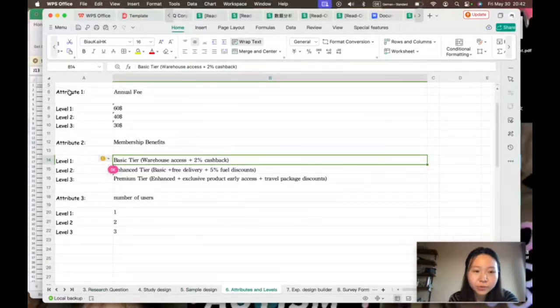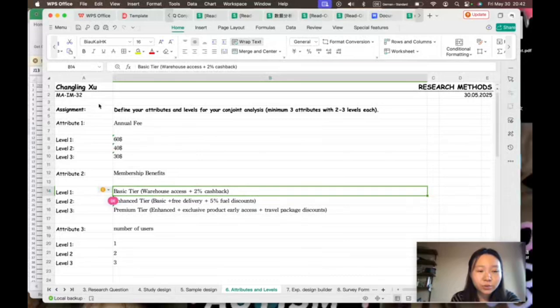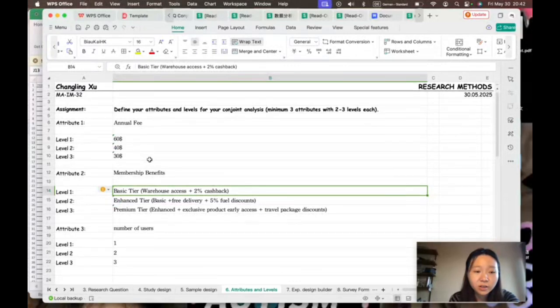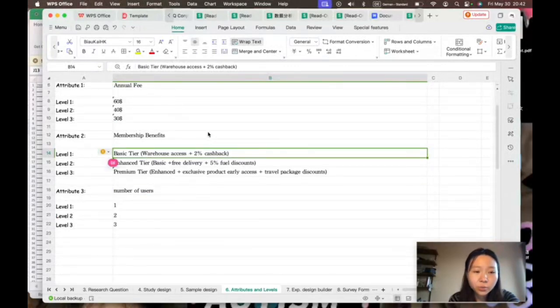My attributes included three parts. Attribute 1 is the annual fee, with levels including $60, $40 and $30. Attribute 2 is membership benefits, which also includes three levels. The basic tier is warehouse access plus 2% cashback.